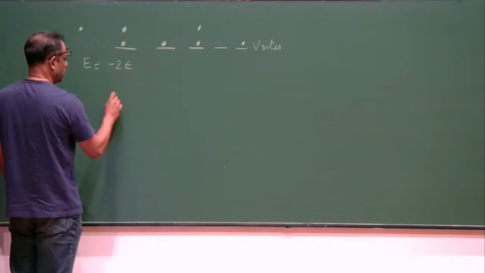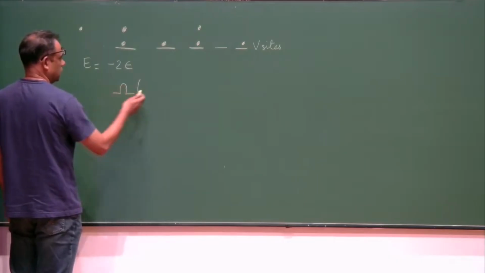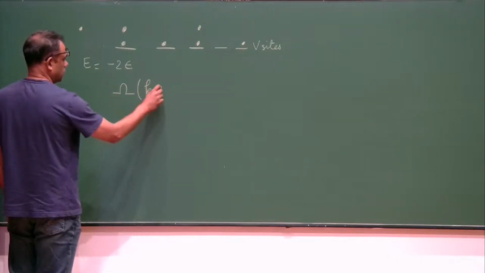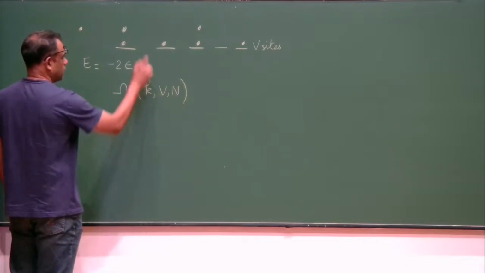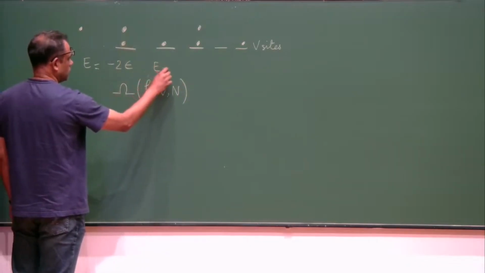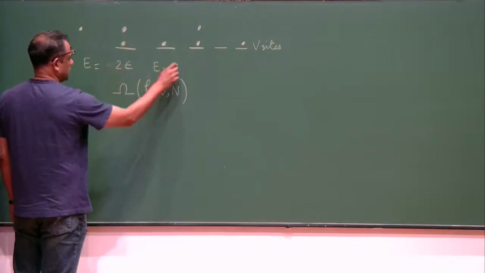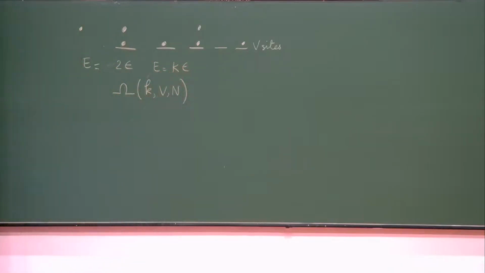So now we want to compute omega of k, V, N, where k is the number of such pairs, where energy is equal to k times epsilon.